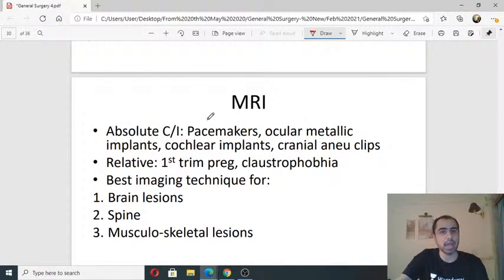So these are some absolute contraindications. Pacemakers, everybody knows pacemakers. Where else is pacemaker a contraindication? To what other procedure?